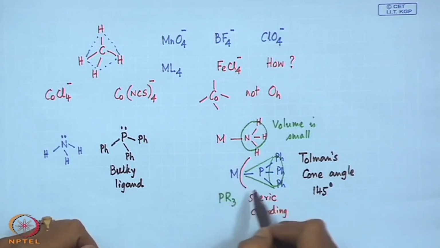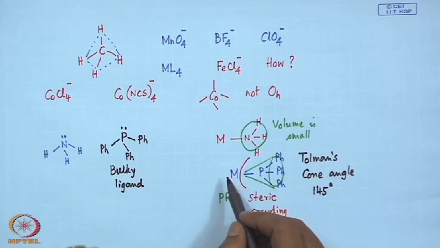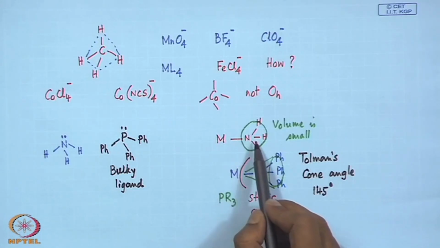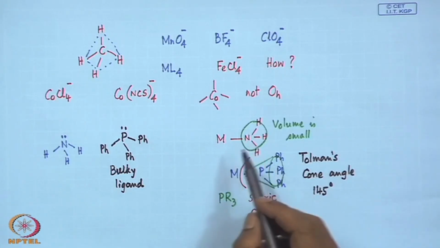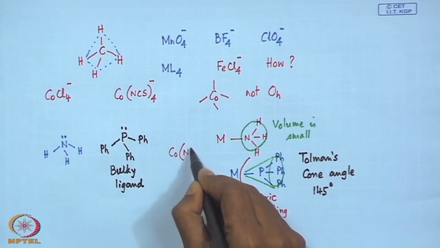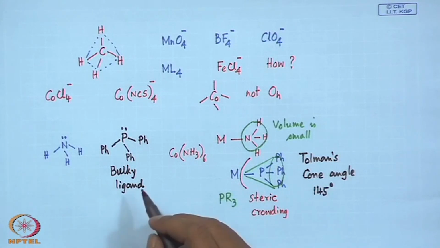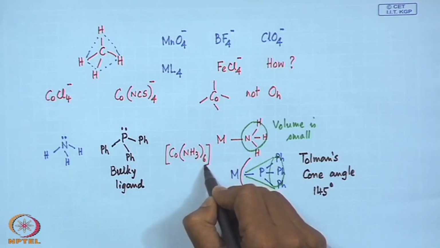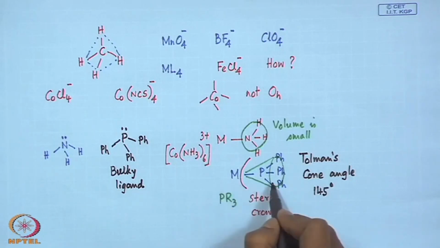That means this particular site is not available for binding to some other ligand or some other donor atom, which was not possible in case of ammonia. So, ammonia cannot have that much choice, and as a result we can accommodate 6 ammonia molecules around the cobaltic ion, that means trivalent cobalt, which is not possible with phosphine.